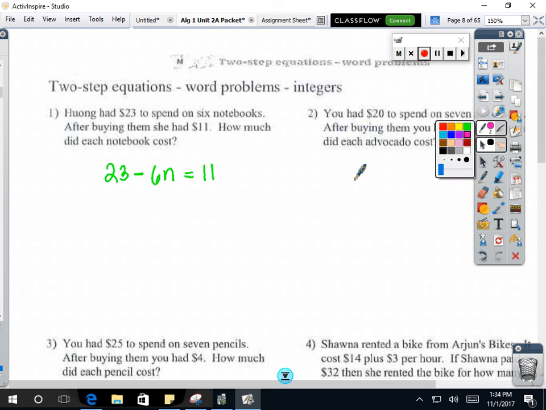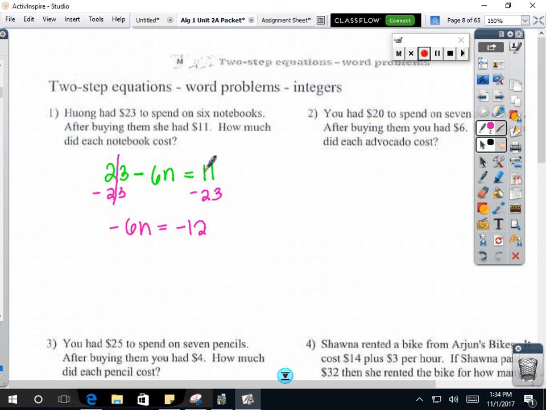What do you do first? Subtract 23 on both sides. And so you have -6n equals what? What's 11 minus 23? -12, okay, because you're subtracting a bigger number than you actually have, so it's going to go into the negatives.